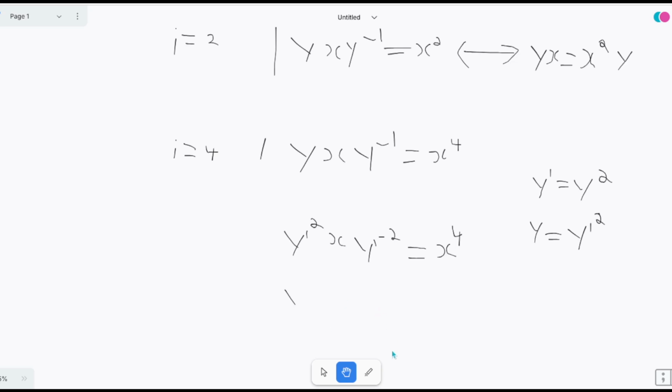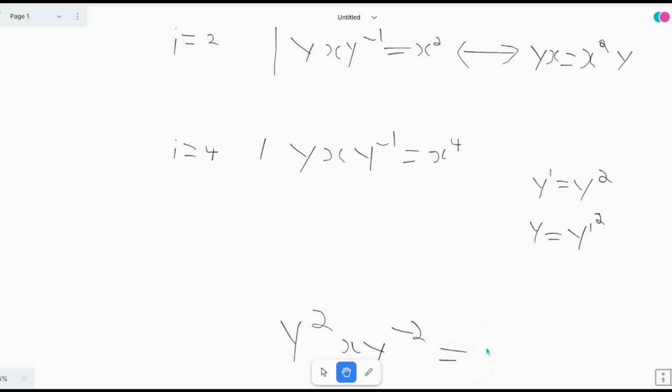Oh yes, sorry. Right. So y squared x y to negative 2 equals, based on this, sorry, forget that. I was confusing myself with my notation.